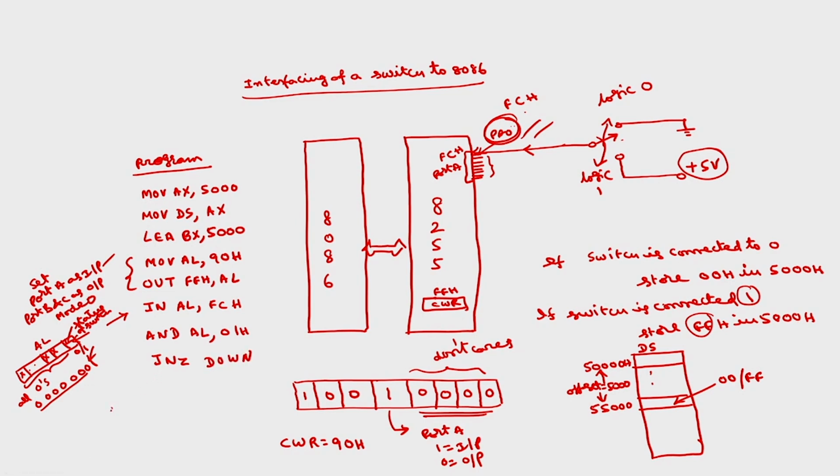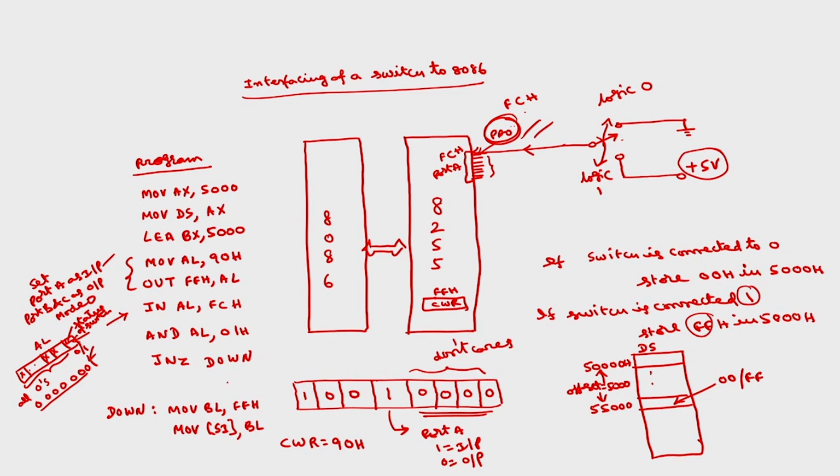Otherwise, I will write here down, I have to store FFH into 5000H. For that you take move BL comma FF and move contents of SI comma BL, so that FF will be stored in the location whose offset is 5000H.